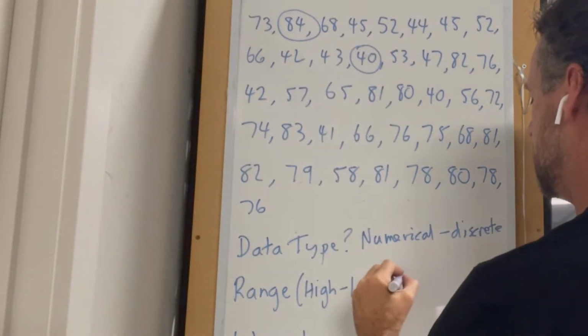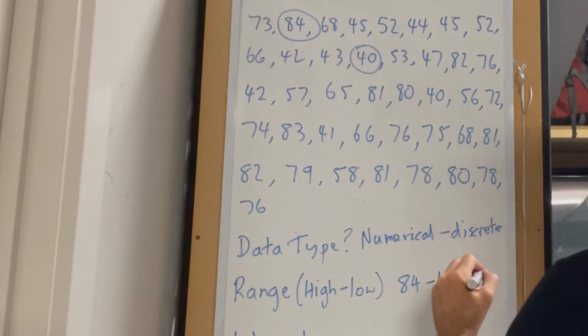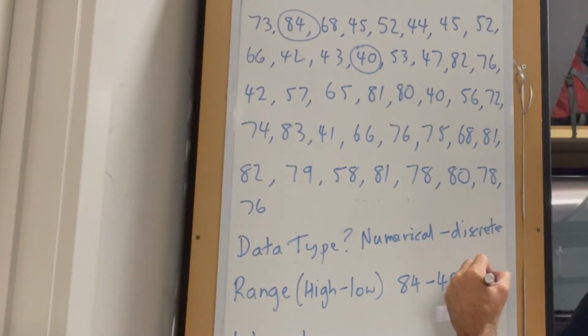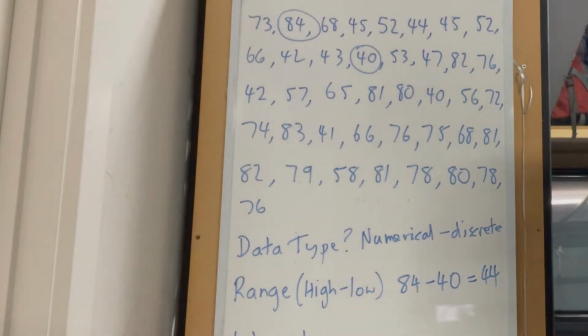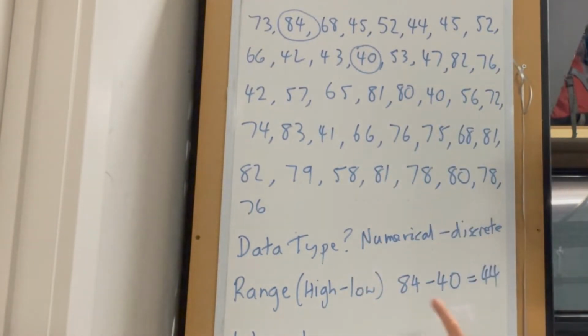So 84 take away 40 equals 44, and that is the range for this particular set of data. Importantly, when you do the range, you should always have the equation with the high and the low and the final range added as your answer. Don't just put the range number. You always include the equation that goes with it.